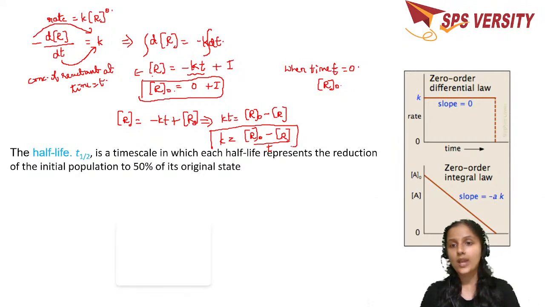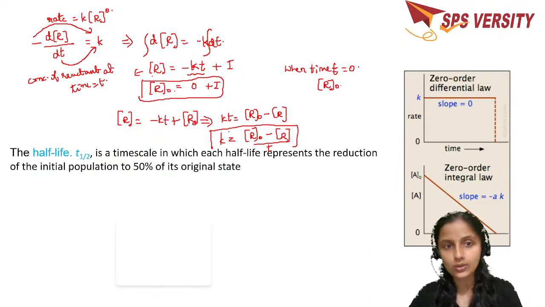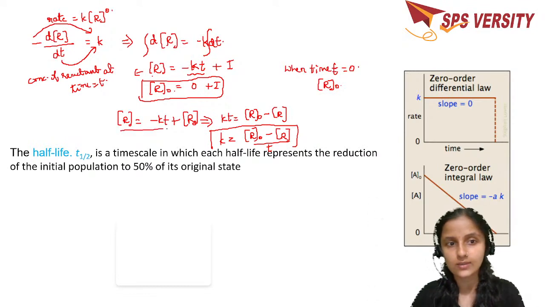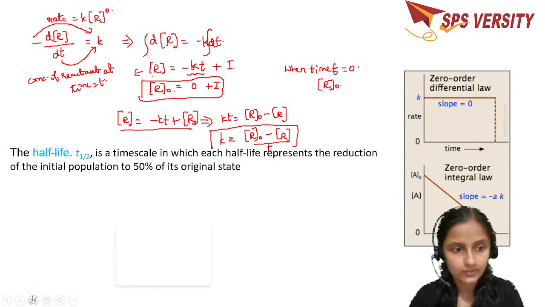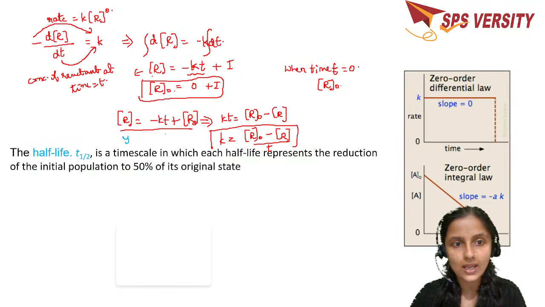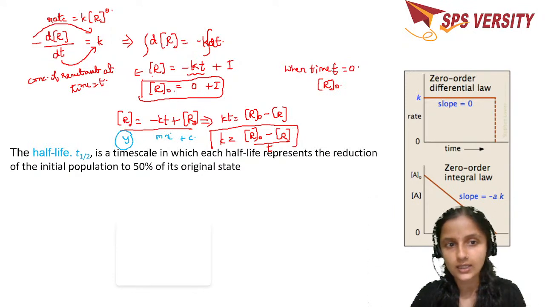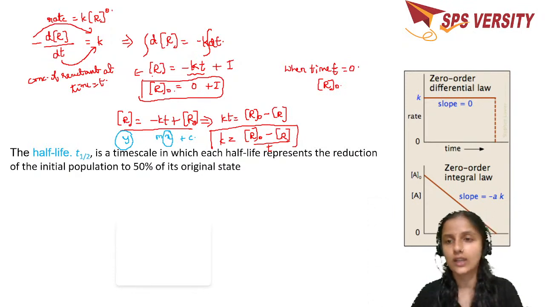Now if you have to draw a graph of this, this is in the form y is equal to mx plus c. So along the y-axis you are going to take the concentration of the reactant, along the x-axis you are going to take the time.